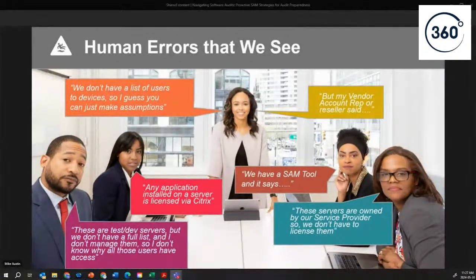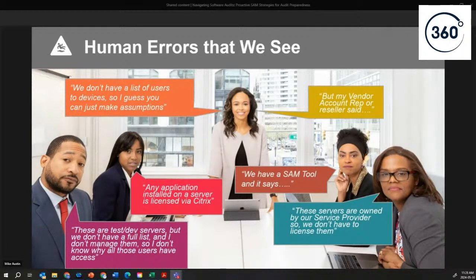And as soon as a vendor hears that, they're probably thinking, we license only the number of users that are active at any given time, not all people that have access. And if you're not careful, they will make assumptions on what you mean by that.